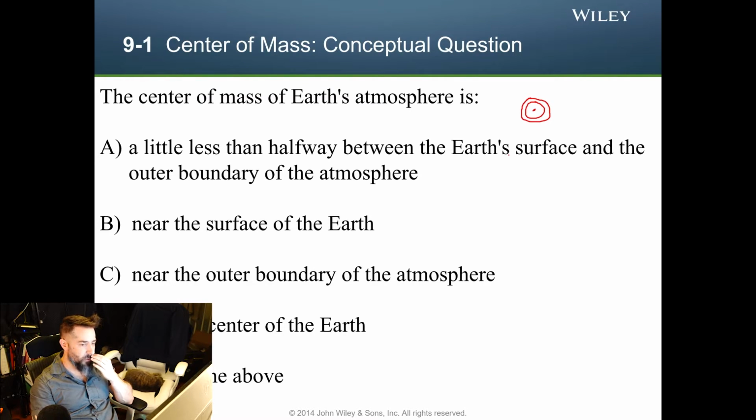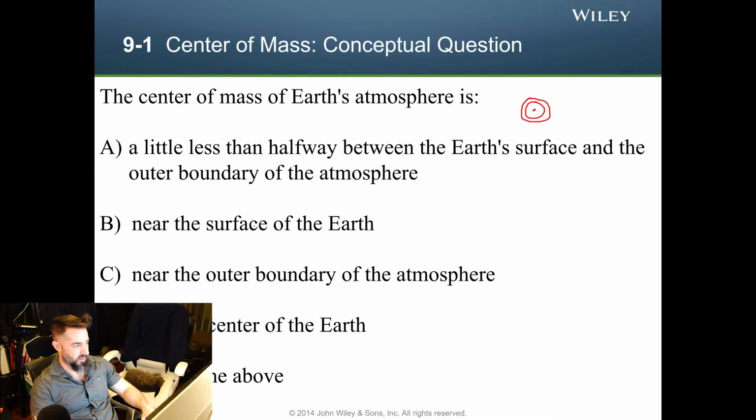So they're trying to confuse you a little bit by saying that there's some distance between the surface of the Earth and the atmosphere. So it's saying a little less than halfway between the Earth's surface and the outer boundary of the atmosphere. So they're trying to average the 2 here between them. But that doesn't make sense unless you're looking at a very specific, small, finite section of, like, a section of the Earth with the atmosphere above it.